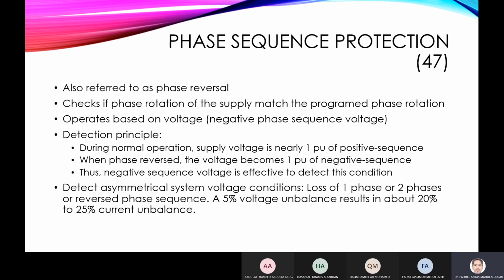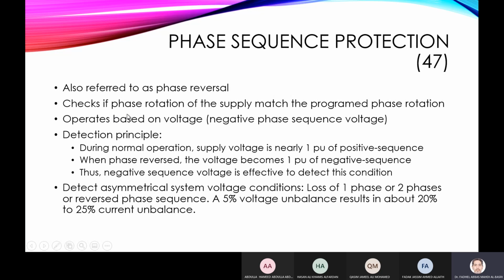If you reverse any two phases, the motor rotation will reverse because you change the sequence of phases. And for some motors or some processes, we want to prevent the motor from turning in the other direction. That's why before you supply the three phases to the motor, we would like to check if the sequence is right before I switch on the motor. And this is provided by this type of protection.